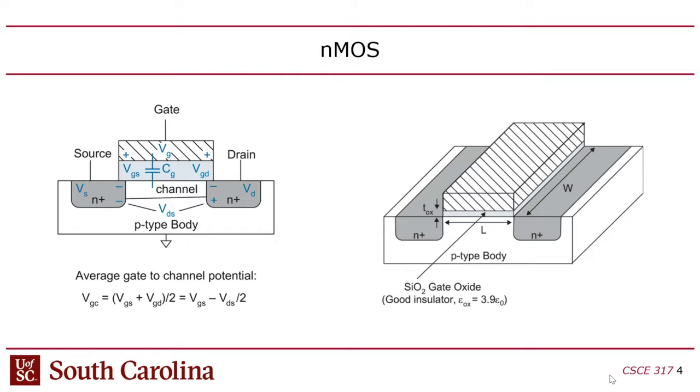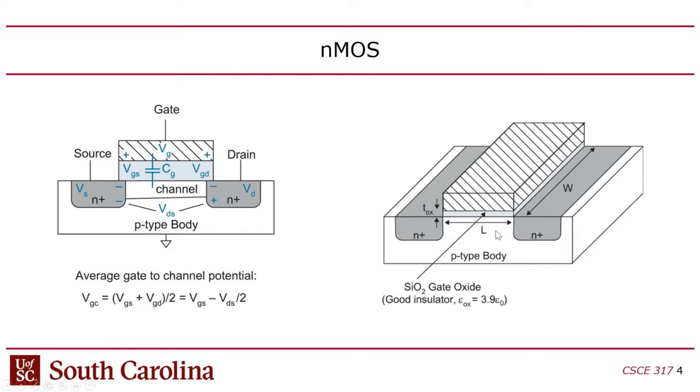So last time we were talking about devices, and nMOS and PMOS devices, and I showed this cross-sectional picture several times, and I also added this three-dimensional picture last lecture on Monday, which is nice because it shows that these transistors have a length and a width underneath the gate, which defines much of their behavior.